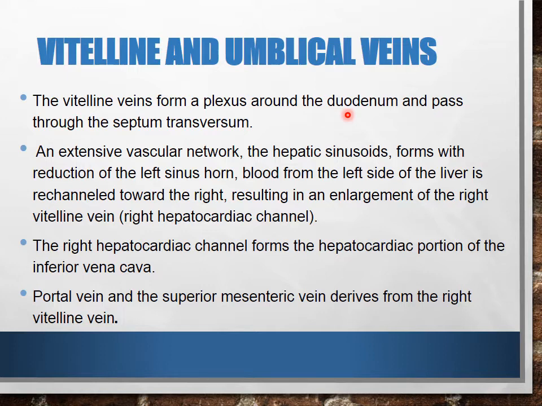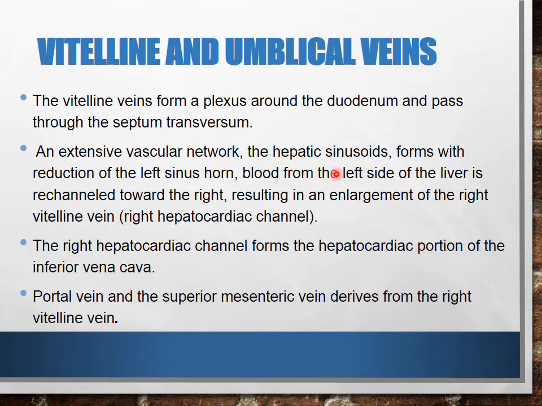So these vitelline veins and umbilical veins, before entering into the right and left horns of the sinus venosus, form a plexus around the developing duodenum, and then they penetrate the septum transversum, where they split into an extensive vascular network, which is actually the hepatic sinusoids. During the development of the liver, you have already seen that the hepatic sinusoids are derived and developed from the vitelline and umbilical veins.